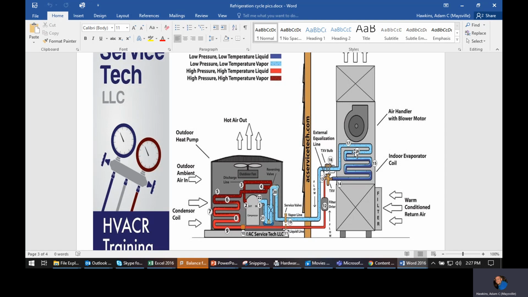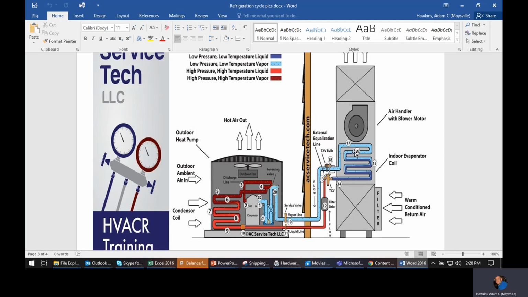Superheated vapor doesn't have much capacity to pick up any heat. At this point, its only job is just to make sure that you're not getting any extra liquid to the compressor. That's the main point of superheat. So you just want to make sure that you're done evaporating before you send it out of the evaporator and into the compressor. So that means that we have that safety net in place.